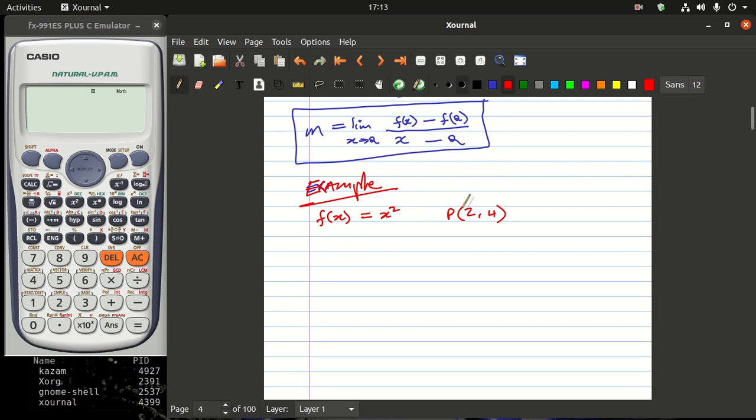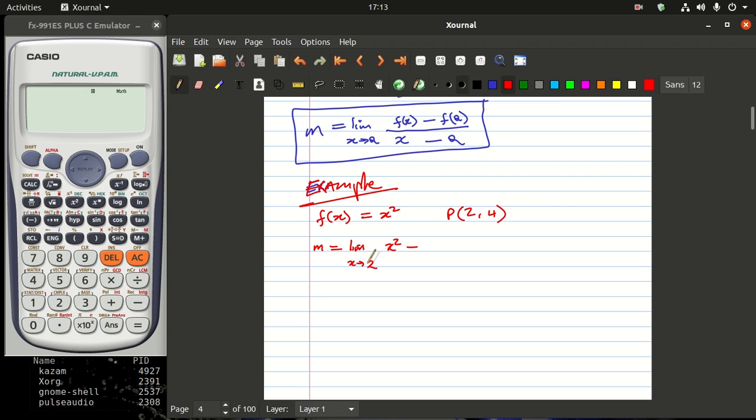Now, the slope passing through that point is going to be m, which is equal to the limit as x approaches a. But now, not only a, because the point is given as 2, so as x approaches 2. And then here, I'm going to have f of x, which is given as x squared, minus f of a.